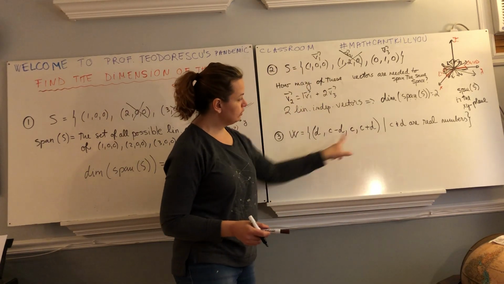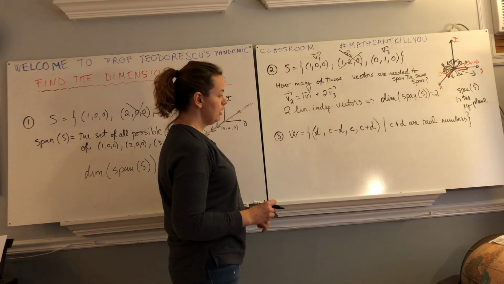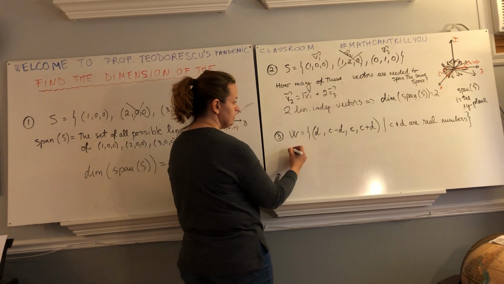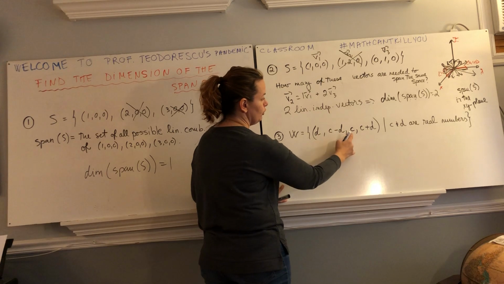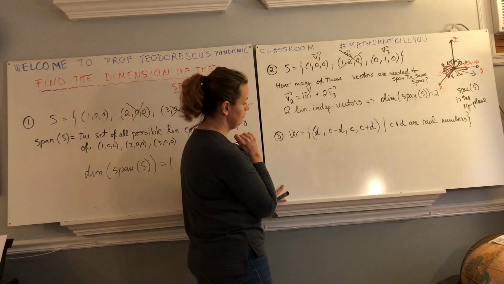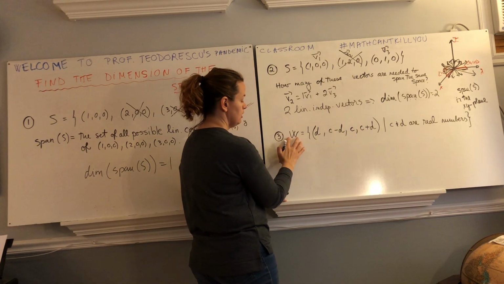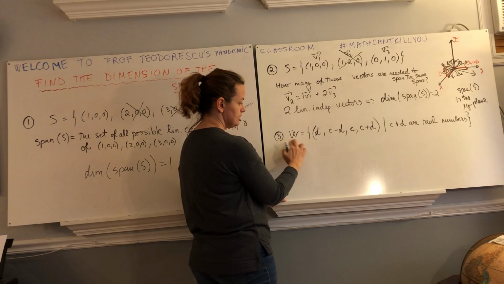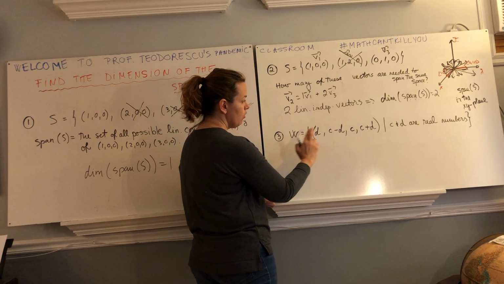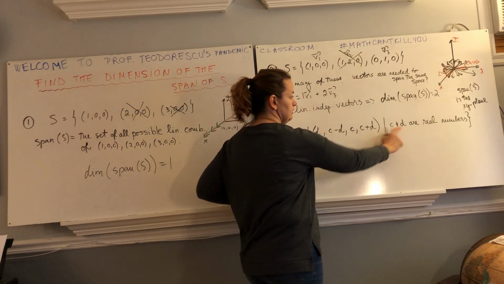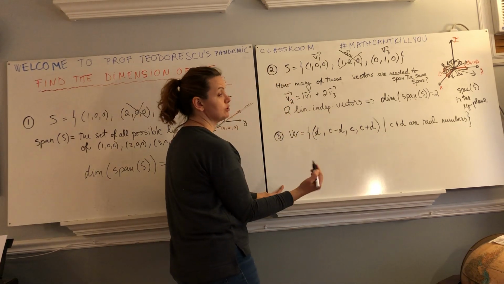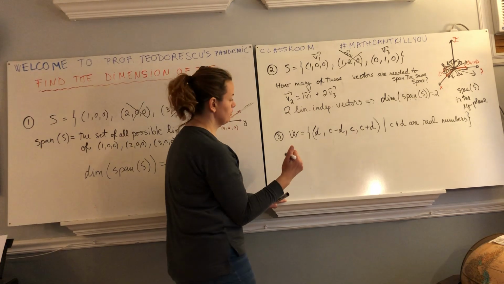So this is a general vector in this space. It looks like this is embedded in R4 because it has 1, 2, 3, 4 coordinates, right? So the set W is all possible vectors. You assign C and D all possible values. So C and D are scalars, right?